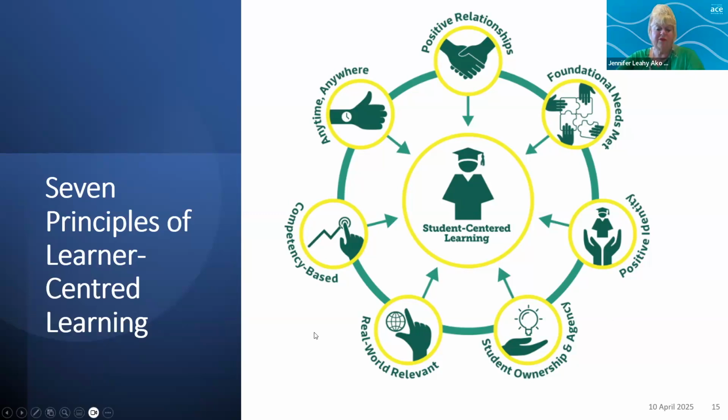As Knowles identified, real world relevance is important and key for the learner. So it's about what is useful for the learner at a given time and what connects to real world for the learner at that time. In other words, learning that's relevant for them right now, not learning that they may need in 20 years' time.